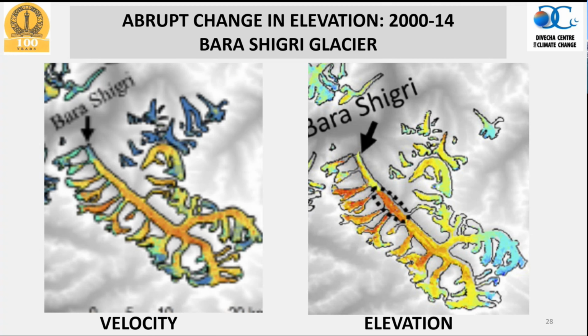But it is not necessary that glaciers are going to respond to only temperature and precipitation. That is one way, the classical way of looking at it, but there are some other ways, because the fate of the glaciers will not only be decided by change in temperature and precipitation.